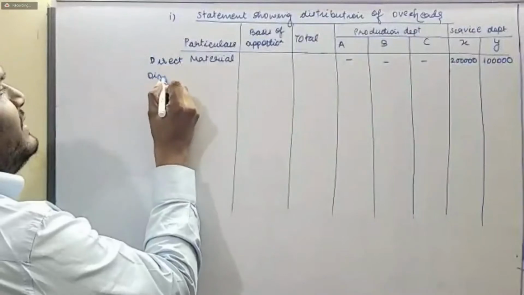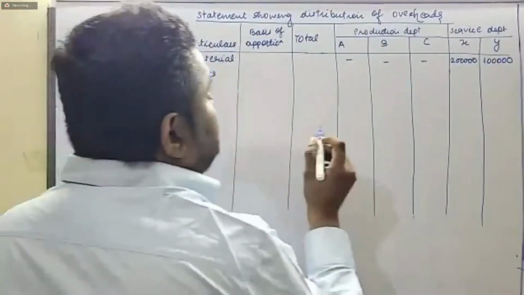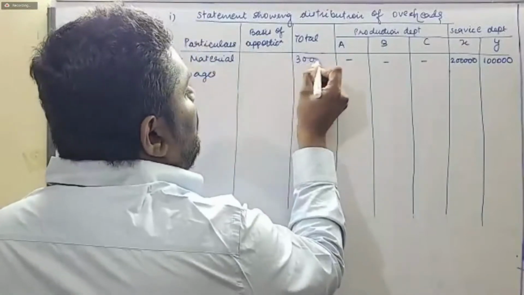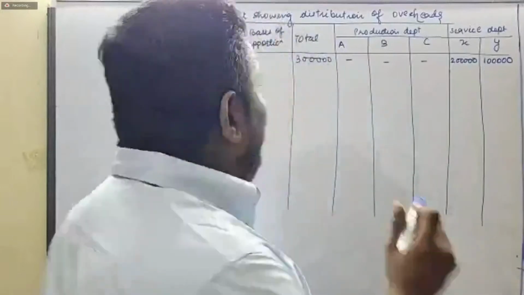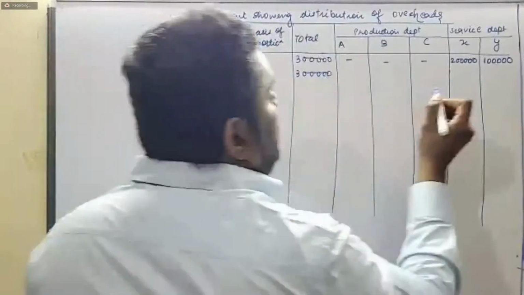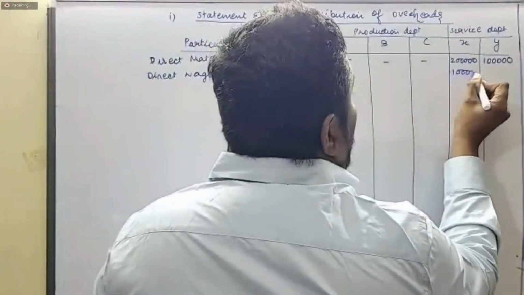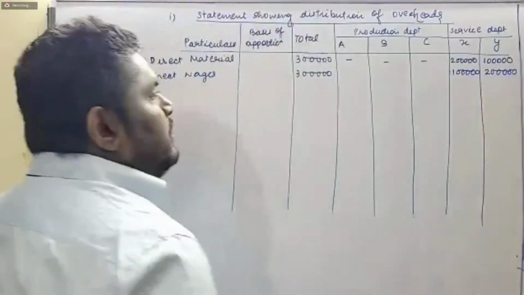For the direct wages, direct wages is 1 lakh and 2 lakh. So the total is 3 lakh.